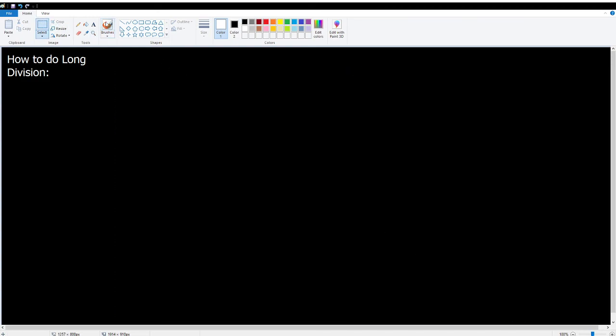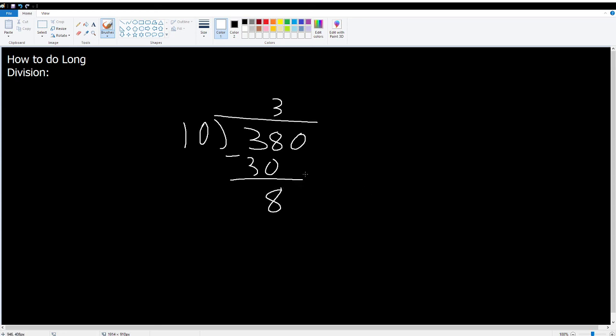So let's do one more of these, which is kind of medium, not too hard. Let's do 380 divided by 10. Okay. So obviously 10 doesn't go into 3, so we just check the 38. 10 goes into 38 3 times, minus 30. 8, right? Pull down the 0. 10 goes into 80 8 times perfectly, right?